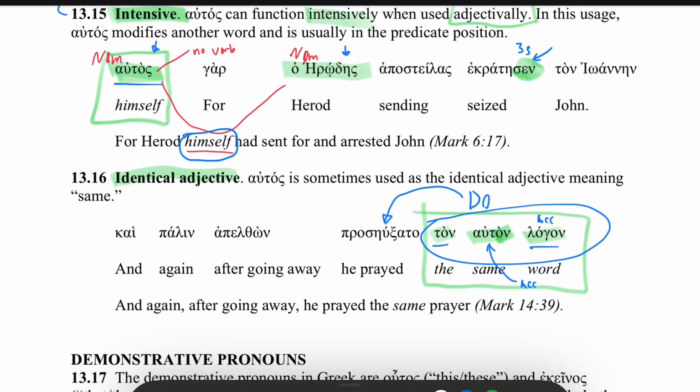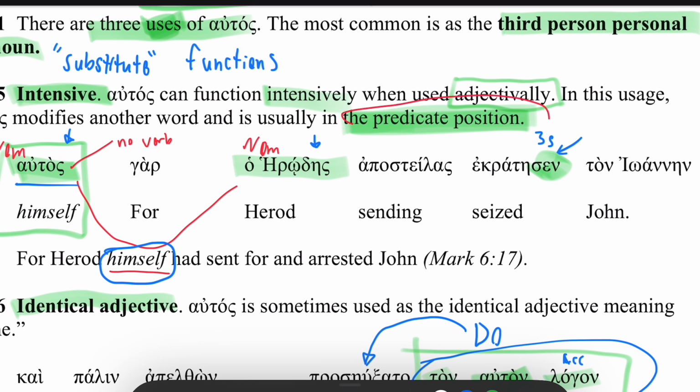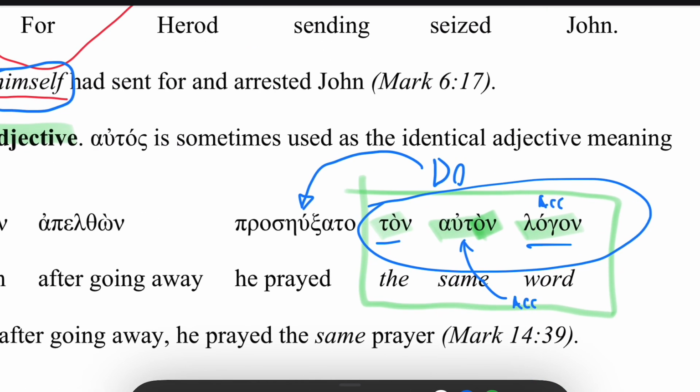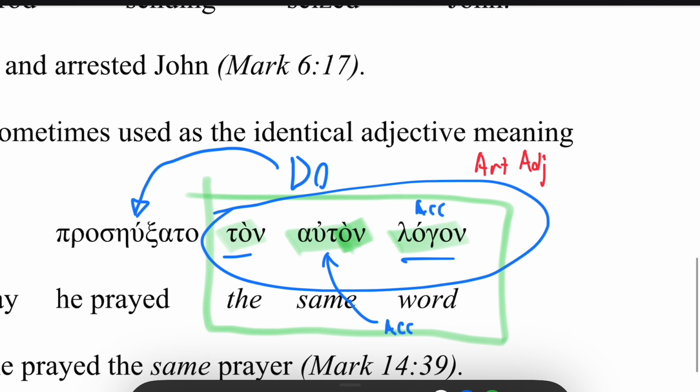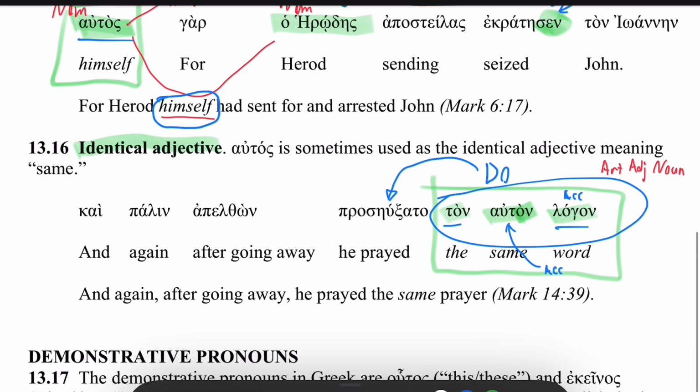that's possible. But part of the indication here is that usually the predicate position is the hint for intensive, if you remember. And because here we have article, adjective, and then noun, it's a more likely situation that we have an identical adjective, or the same word, which has a very similar connotation to the word itself.